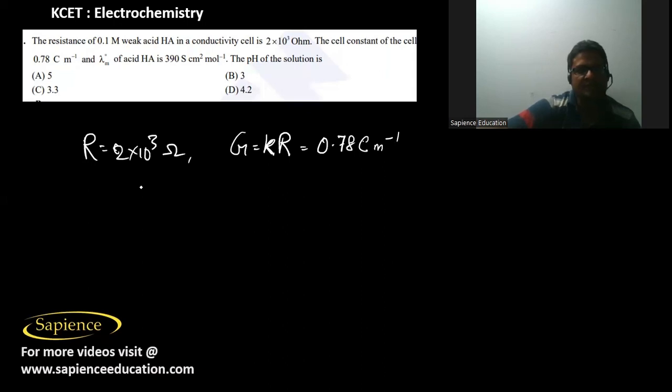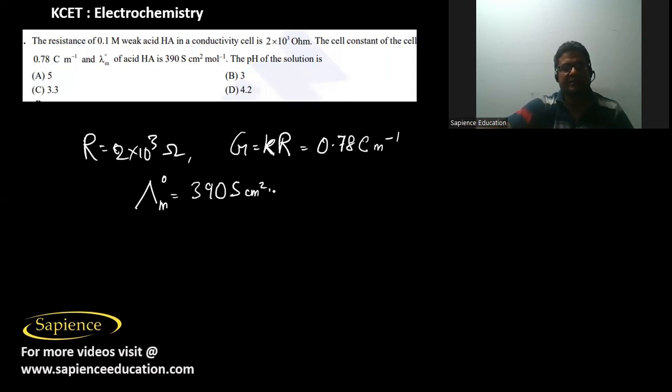And then the lambda m naught, which is the molar conductivity of the acid HA, is given as 390 Siemens centimeter square per mole. Now Siemens is per ohm. It is 390 per ohm centimeter square per mole.